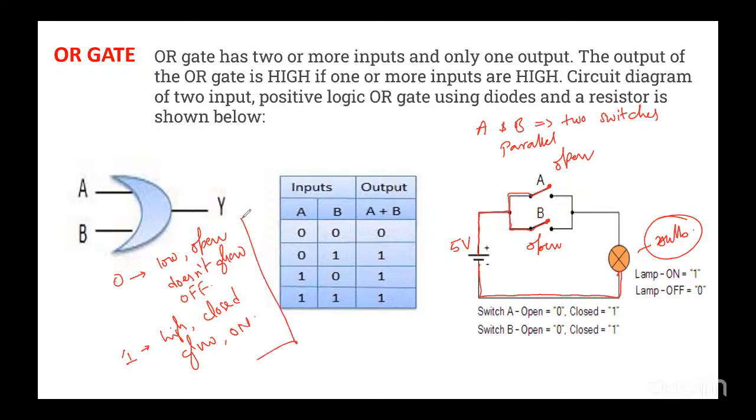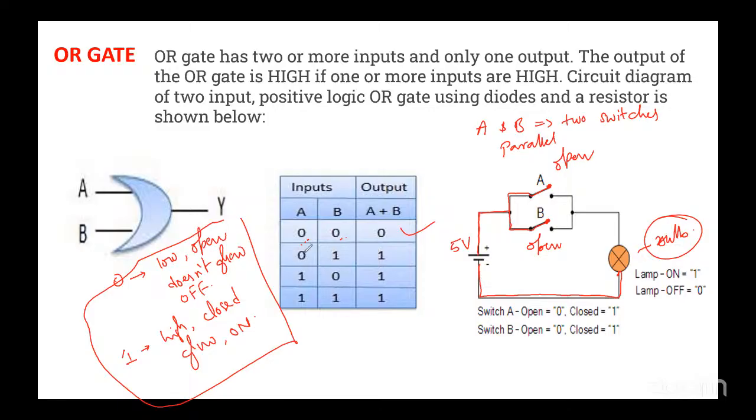These are the conditions you need to understand. So in 0, 0, both are low, and the bulb doesn't glow. Why? Because the switches are open, so the power is not reaching the bulb.